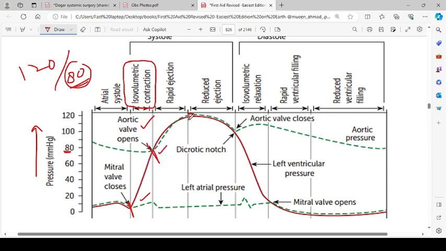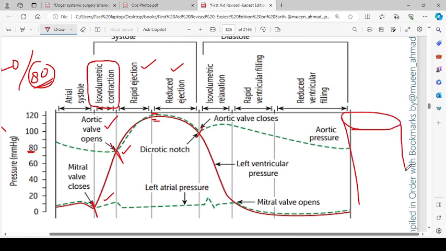It goes all the way till 120, and then initially we have rapid ejection. Then after a while we have reduced ejection, and then the aortic valve closes, because you know that suppose this is a small aorta. Let's make it a bit larger. So suppose this is aorta, and here we have the aortic valve.